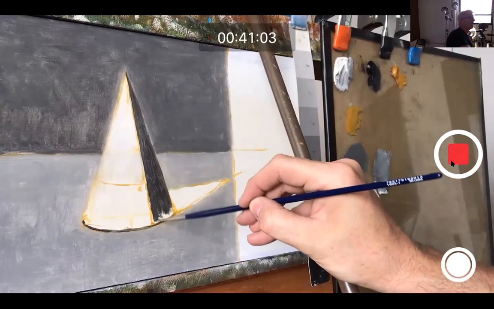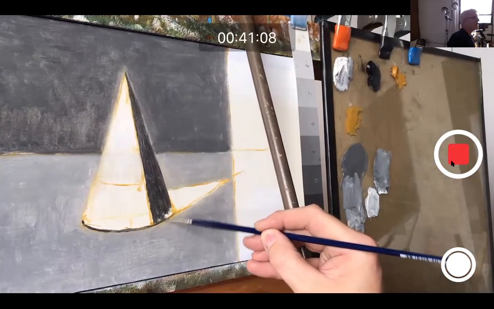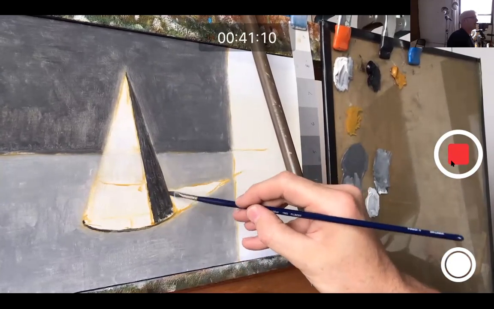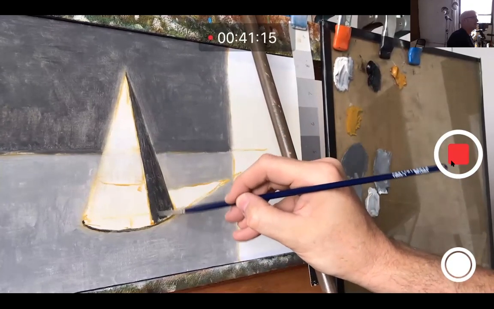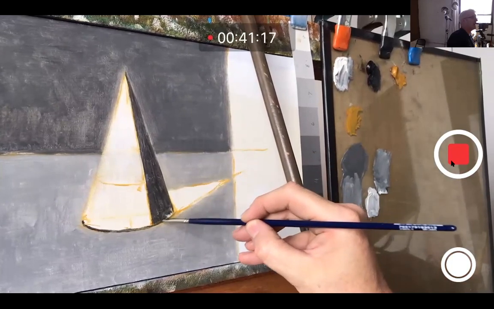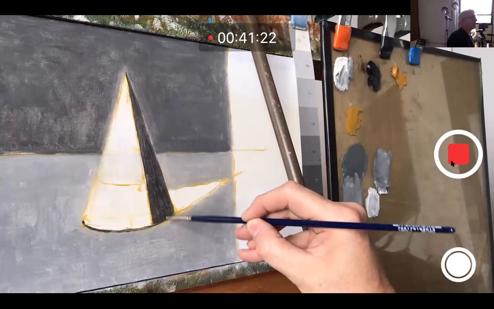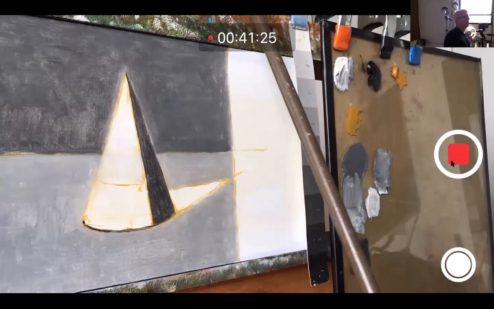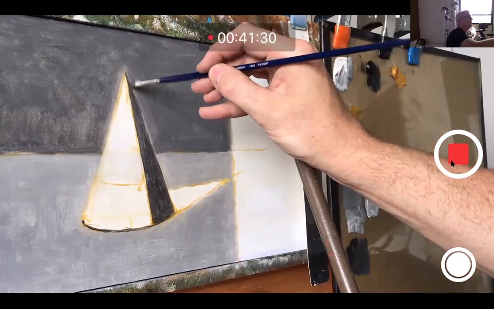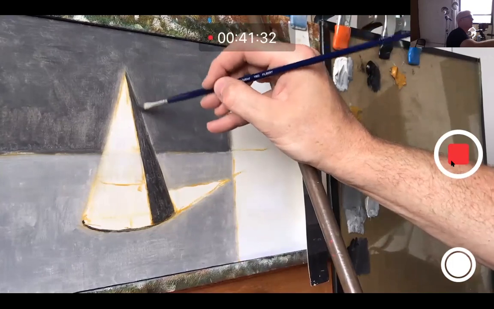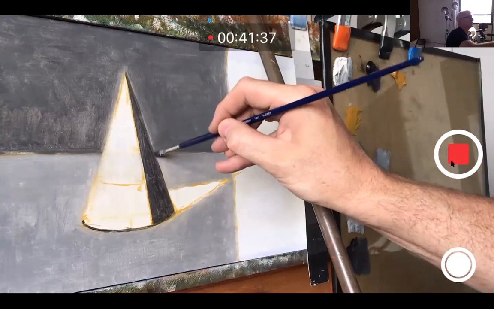If you think about graphite pencil, it has a kind of greasy quality to it. And it can create a layer on the canvas that will prevent the oil paint from really binding with the canvas. Okay. But having said that, you do have to use a lot of graphite to have that be a problem. So if you're more comfortable starting the drawing with a graphite pencil, that's fine. Okay. I just don't think it's necessary.